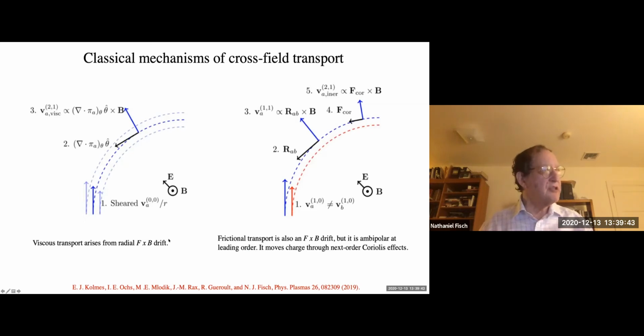But maybe I'll just say that the viscous transport arises directly and you can have charge transported. The frictional transport is ambipolar, and it's only some higher order effects in the rotation frequency over the gyro frequency that actually produces charge transport and accompanying dissipation.